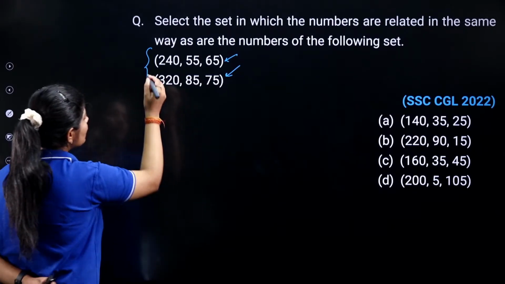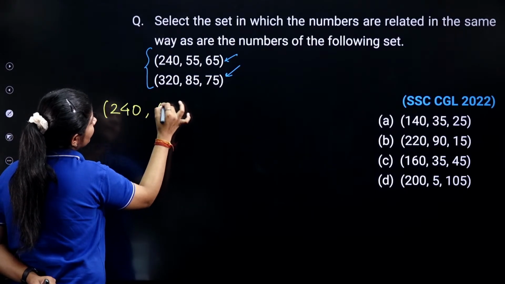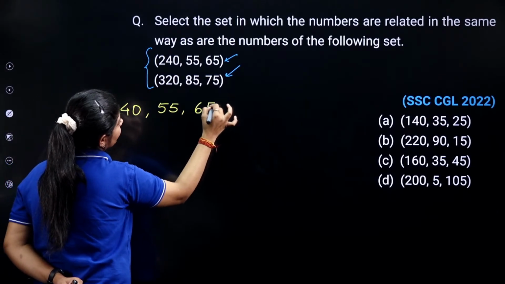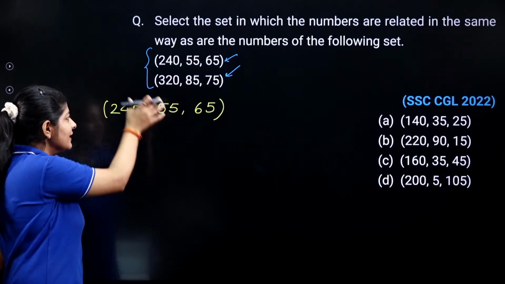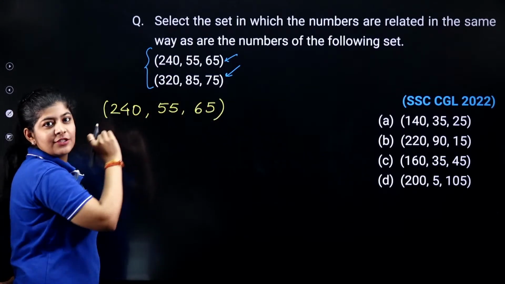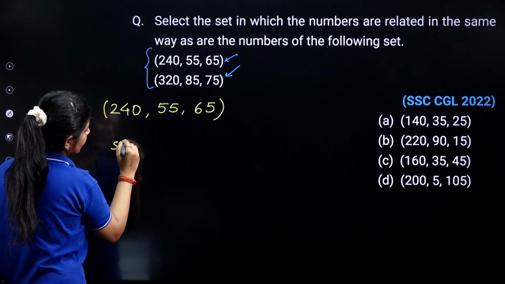Okay, if I talk about set number 1, that is 240, 55 and 65. I have to analyze something with these numbers. This number is quite bigger than these two numbers, right?